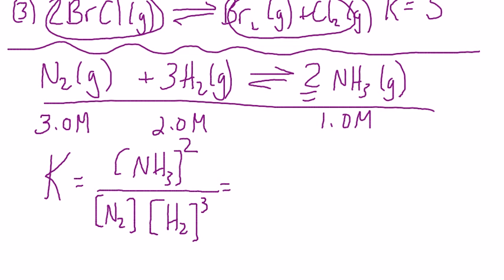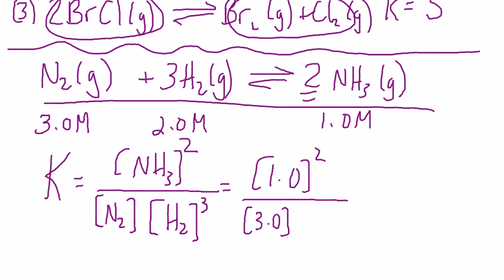So if given the equilibrium concentrations and the balanced chemical equation, you can determine the equilibrium constant for a reaction by simply plugging in this manner. The ammonia's concentration is 1 molar, so 1.0 squared, divided by 3.0 times 2.0 raised to the third power.